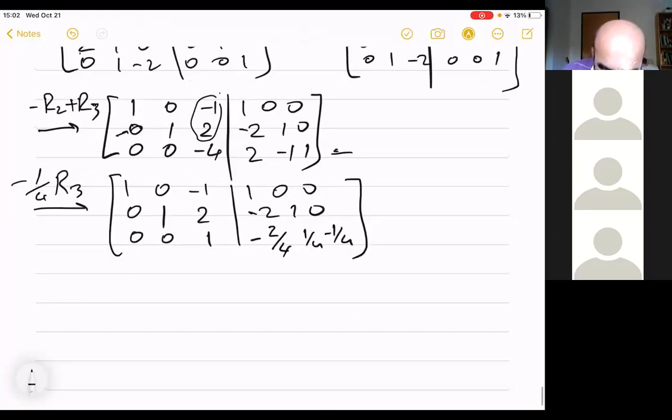Okay. Now add the last row. So instead of row 1, you write row 3 plus row 1.